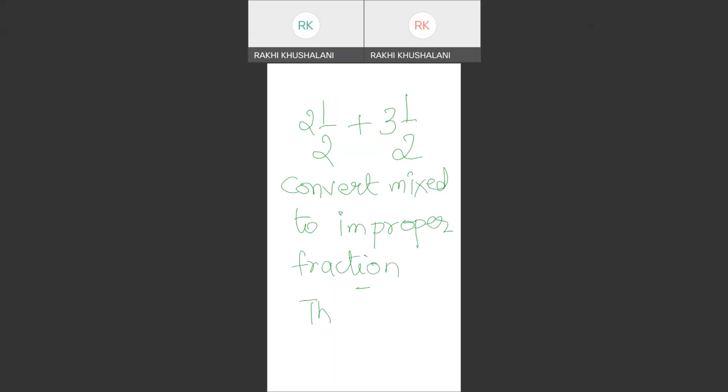Then compare the denominators. Okay, if they are same, keep them, add the numerators. If same, keep them. Please write this down, then I will go to the next page, next image.